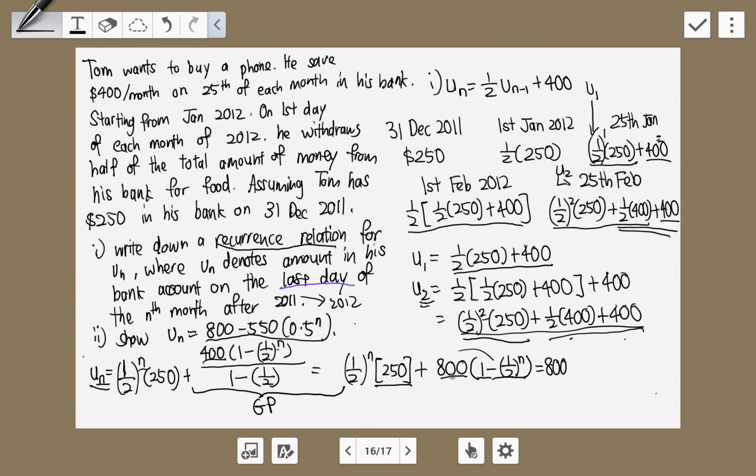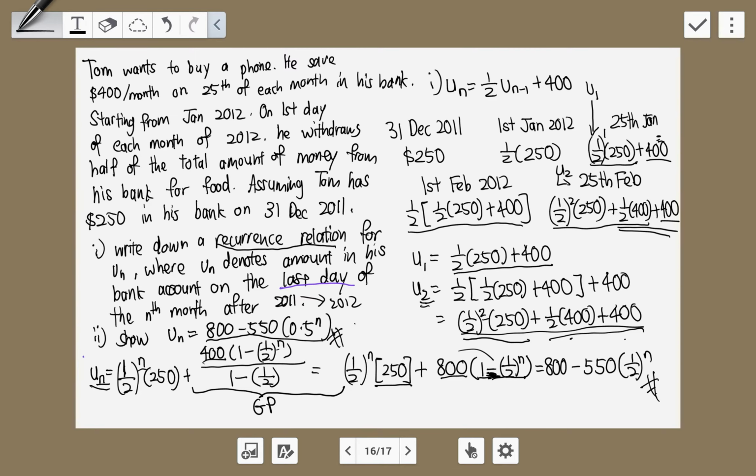So therefore 250 minus 800 would be minus 550 multiplied by half to the power of n. Okay, so therefore I have gotten the answer over here. So that is the answer.